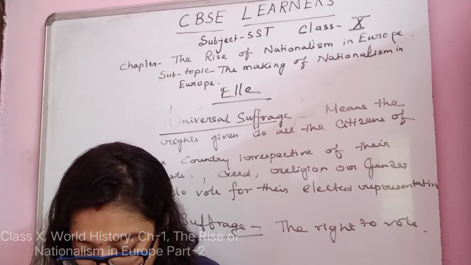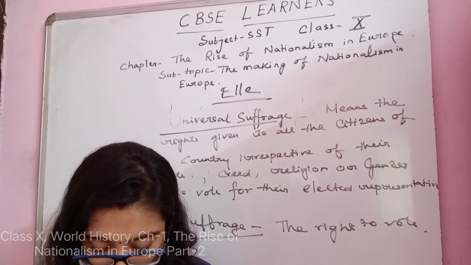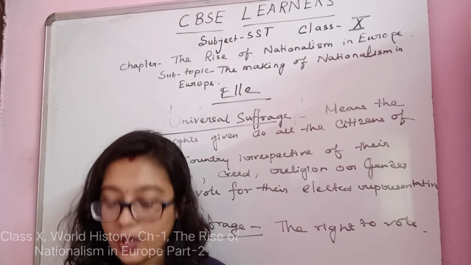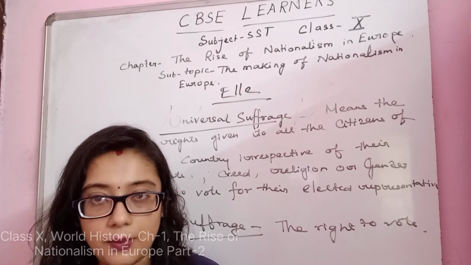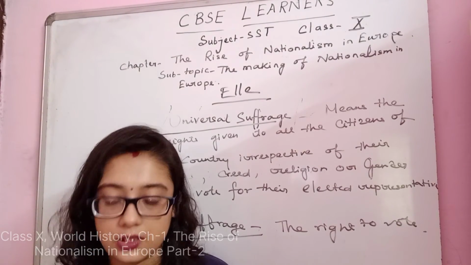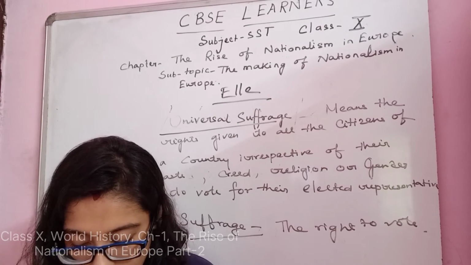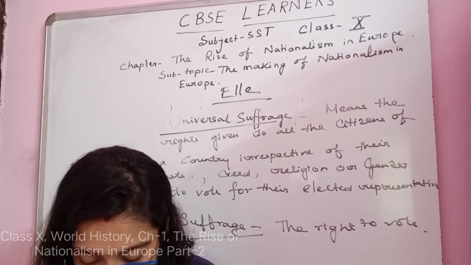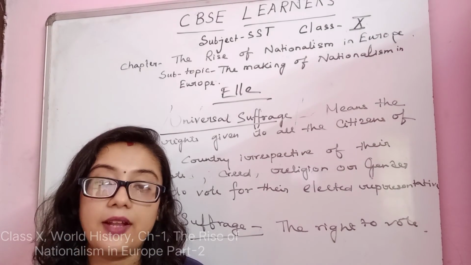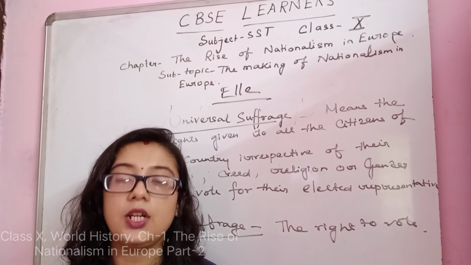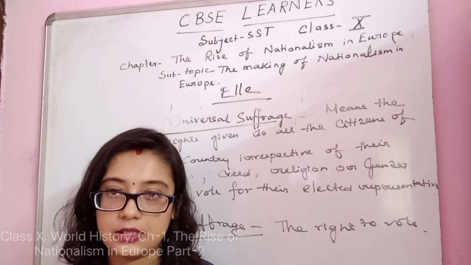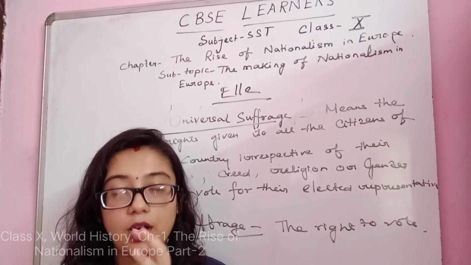In 1834, a customs union or Zollverein was made by the Germans under the Prussians, where they imposed some rules and regulations about trade and business.